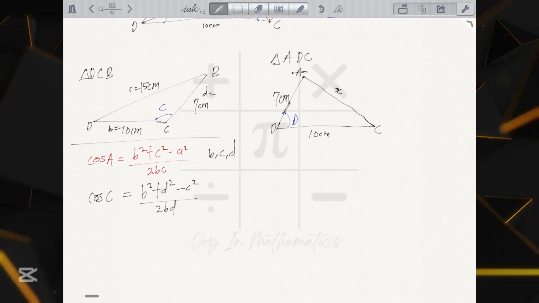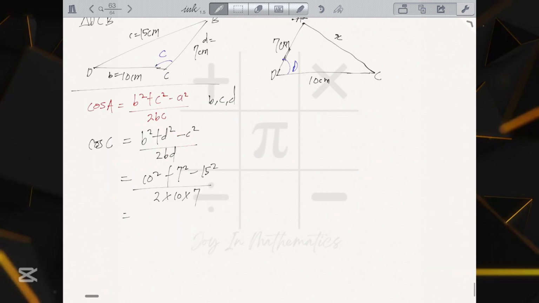This is just simple analogy. And now let's substitute. Our B is equal to 10 squared. Our D is equal to 7 squared, and our C is equal to 15, which will give us 15 squared, divided by 2BD. That's 2 multiplied by B, 10 multiplied by 7.